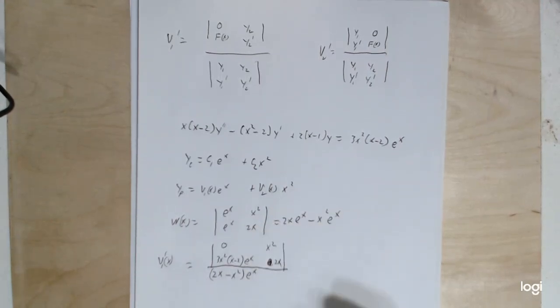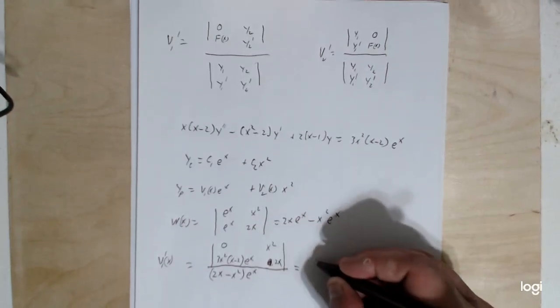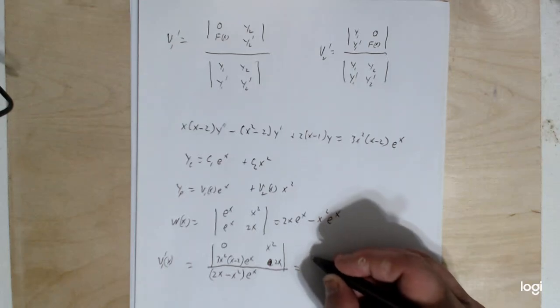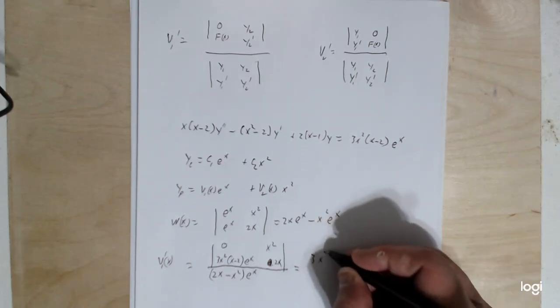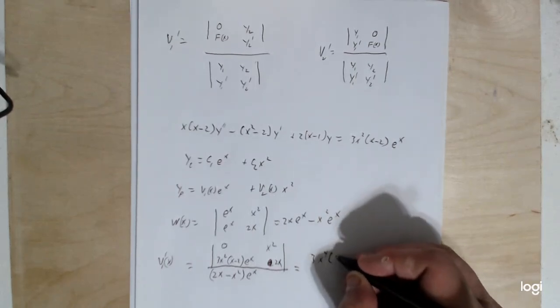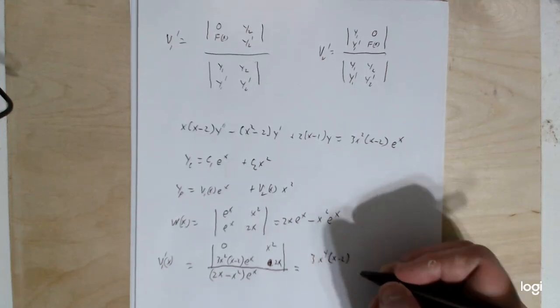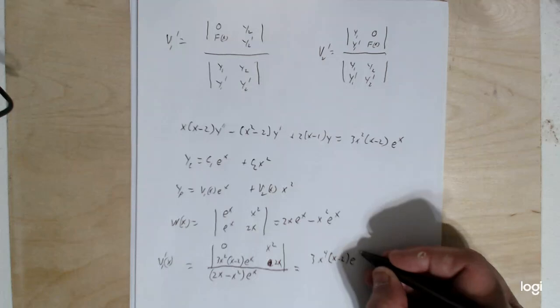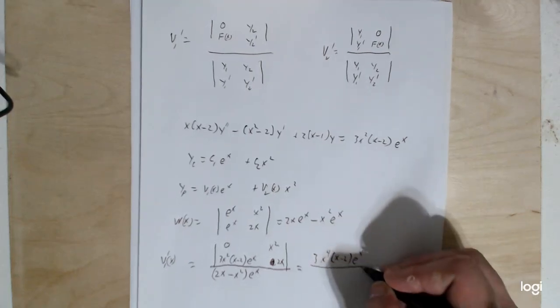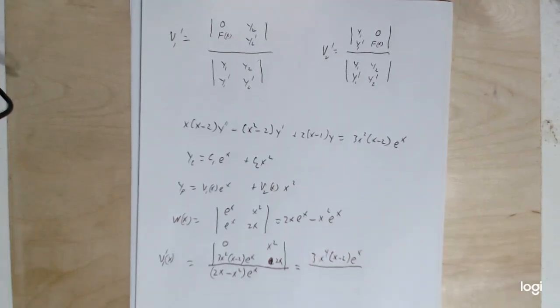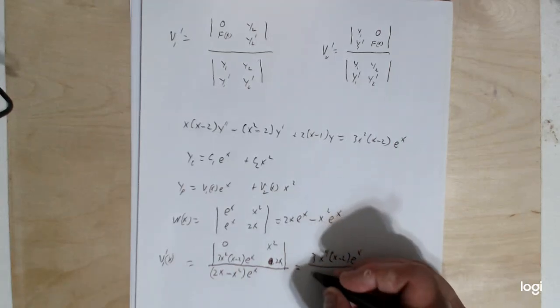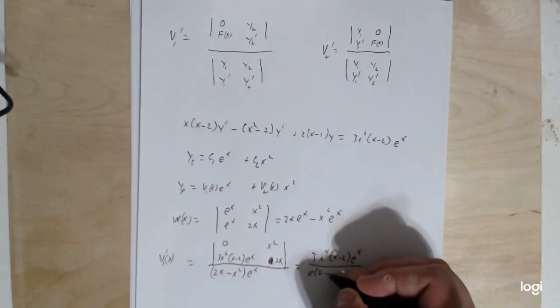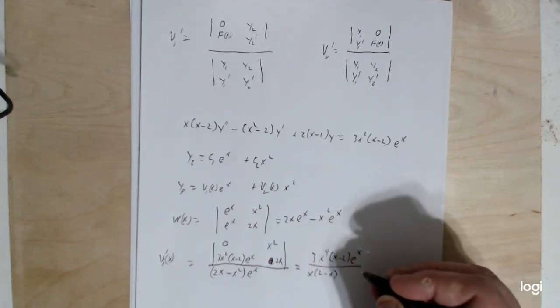So finding my determinant, I get 3x to the fourth times (x minus 2) times e to the x over, and I'm going to factor this nicely, x times (2 minus x) e to the x.